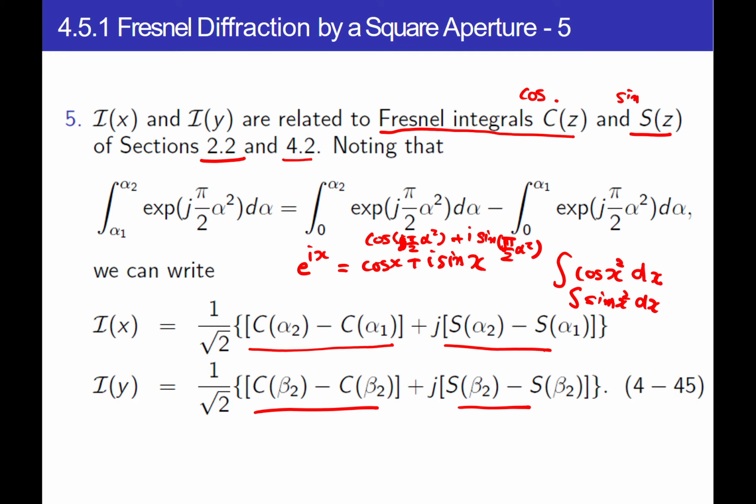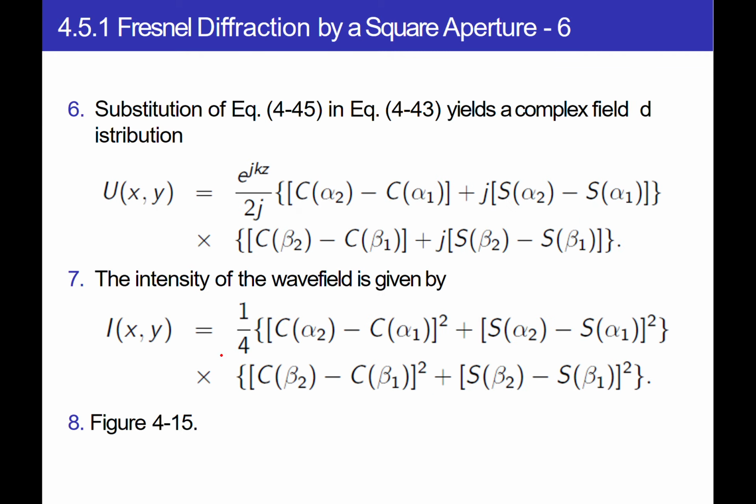So if you know the Fresnel cosine and the Fresnel sine, then you get the Ix and Iy, and then you get the intensity pattern in this manner. Okay.